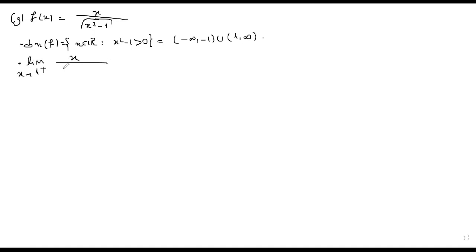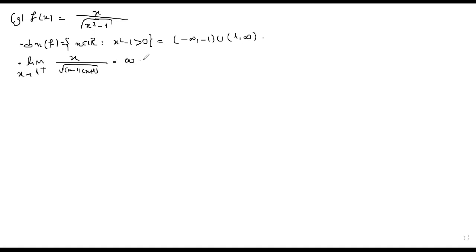Let's write it in this form, square root of x minus 1, x plus 1. Okay, so you see when we're approaching 1 from the right, we have some constant in the numerator, and in the denominator we have these products. So as x is greater than 1, we will have something positive, right? But it will be approaching 0, so we will have plus infinity.